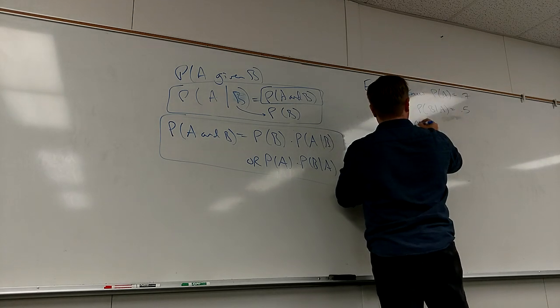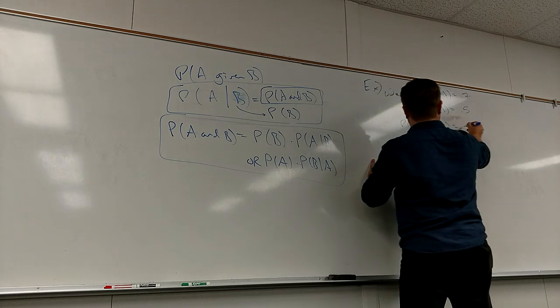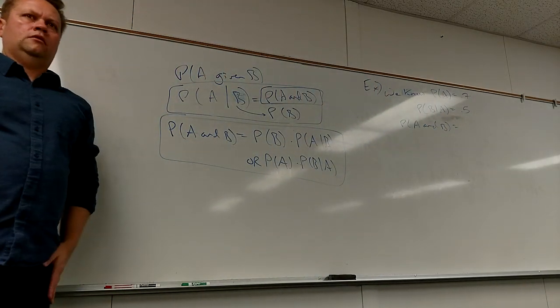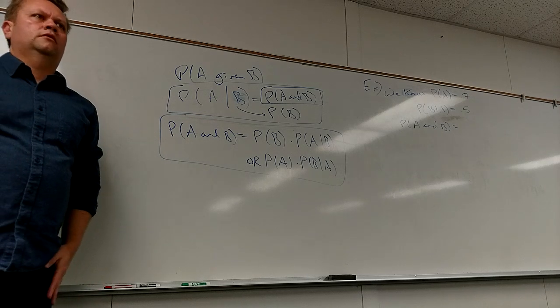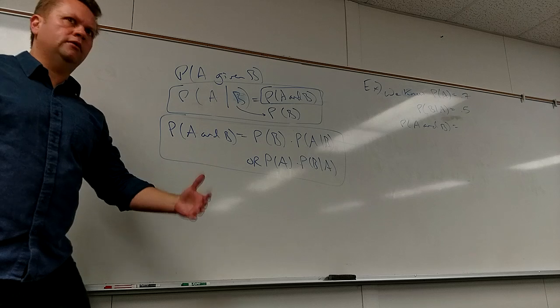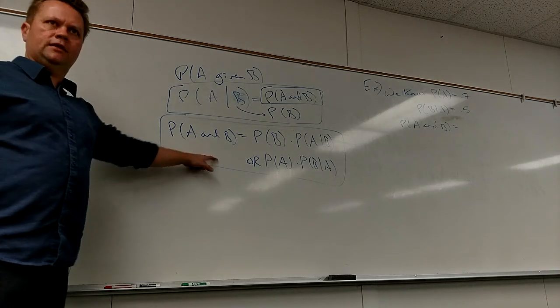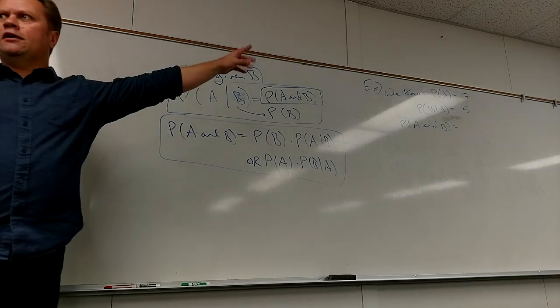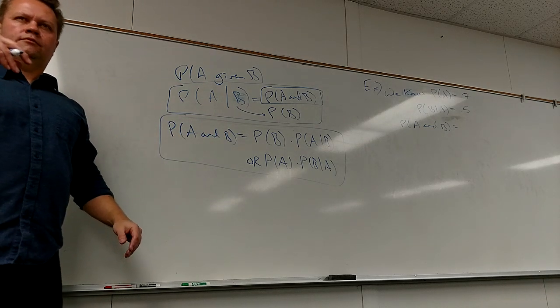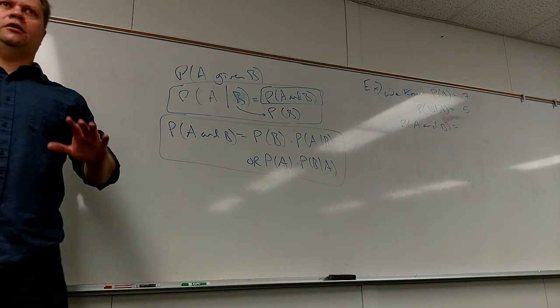What's the probability of A and B? So this sounds a lot more like algebra, where we have a formula that exists, and I gave you some values, and you just plug them in. This should feel very familiar.